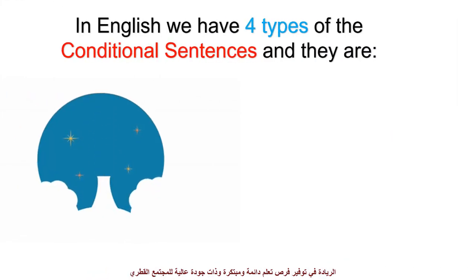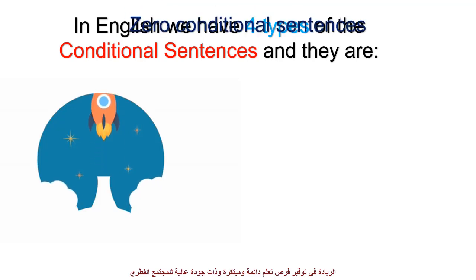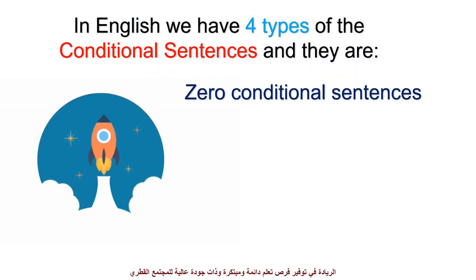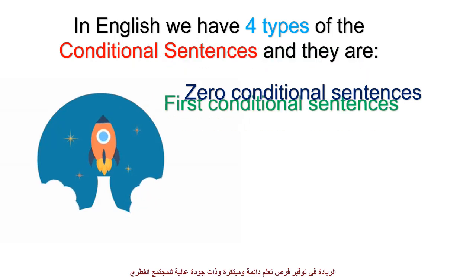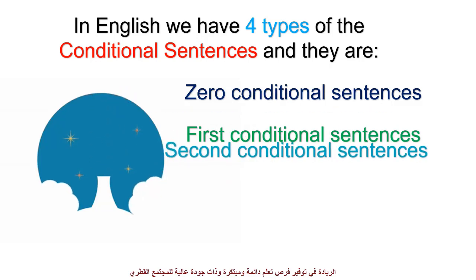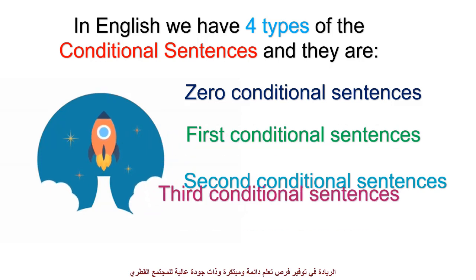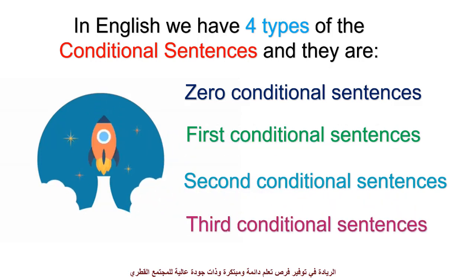In English, we have 4 types of conditional sentences, and they are: zero conditional sentences, first conditional sentences, they call it also conditional sentences type 1, second conditional sentences, third conditional sentences.